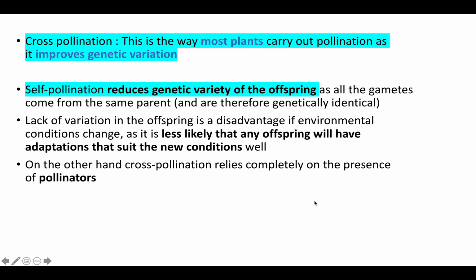And it is important to mention that this was mentioned in one of the external exam questions. It was said to explain or list the advantages and disadvantages of both cross and self-pollination.